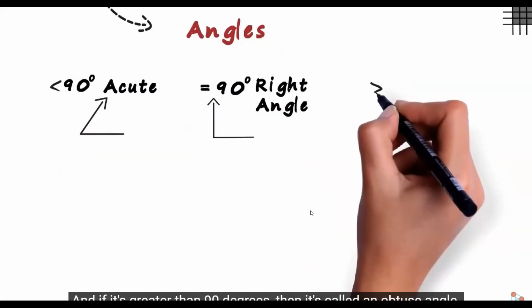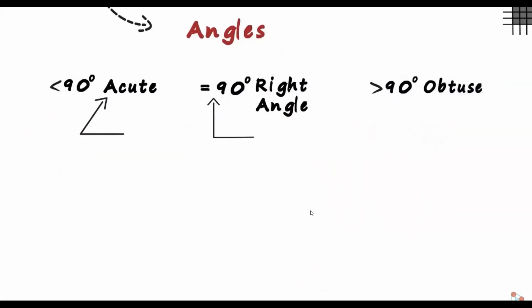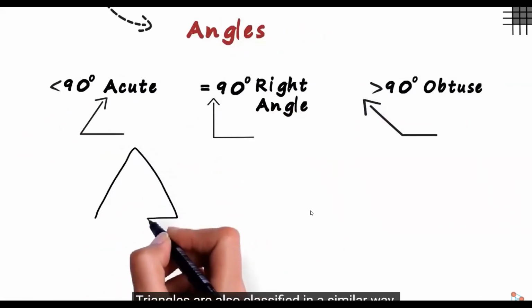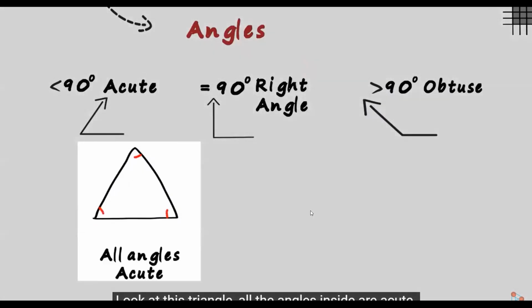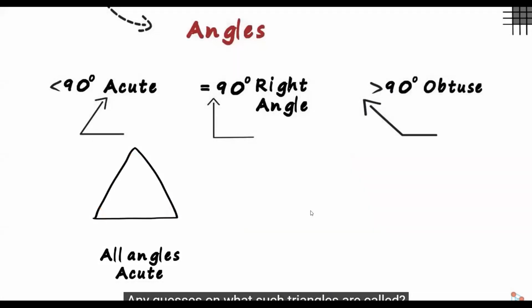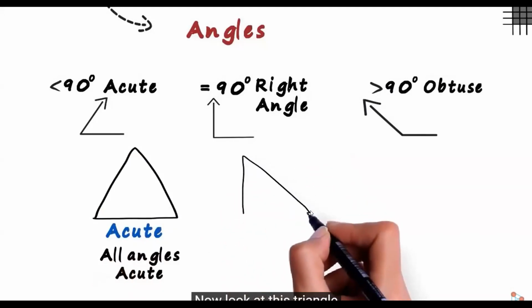And if it's greater than 90 degrees, then it's called an obtuse angle. This is how it will look. Here's the good news. Triangles are also classified in a similar way. Look at this triangle. All the angles inside are acute. Any guesses on what such triangles are called? Yes, acute triangles.